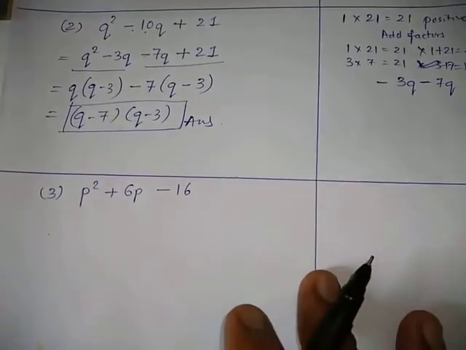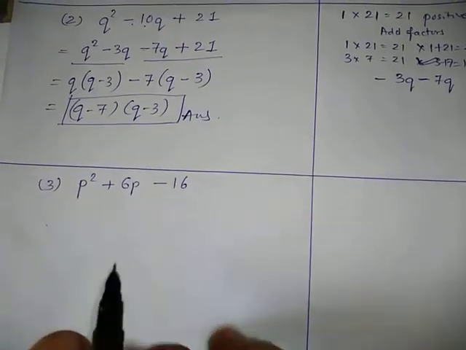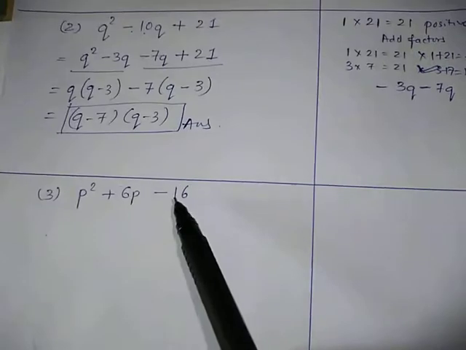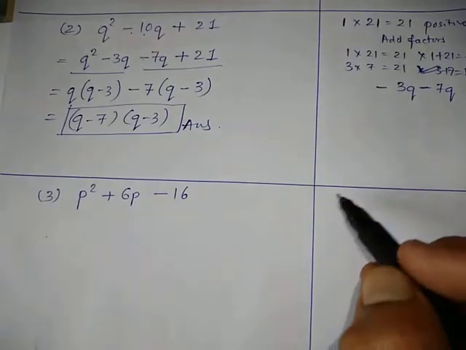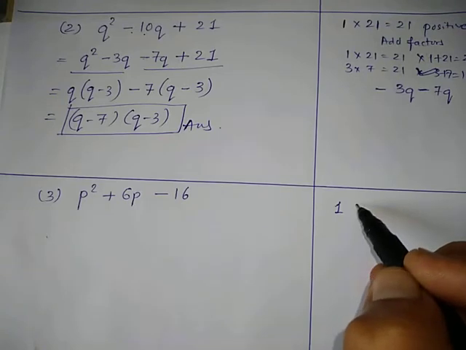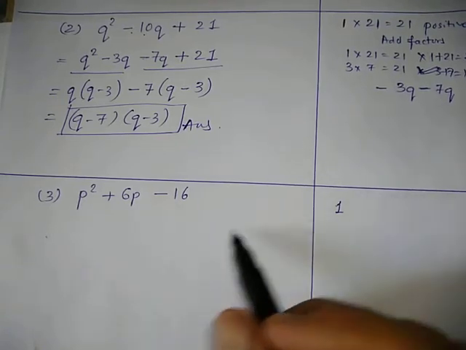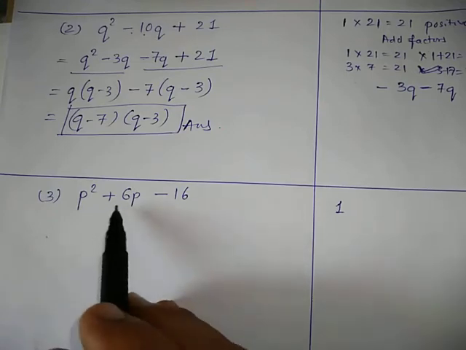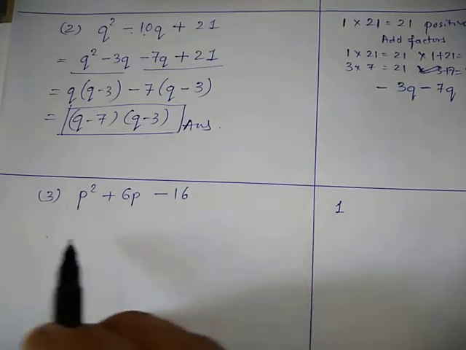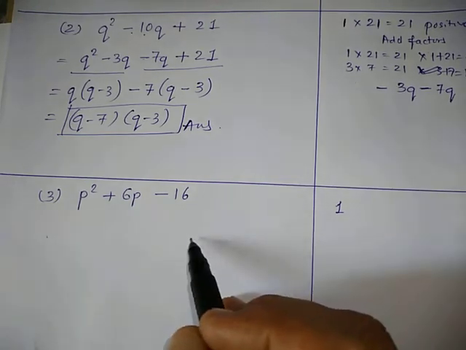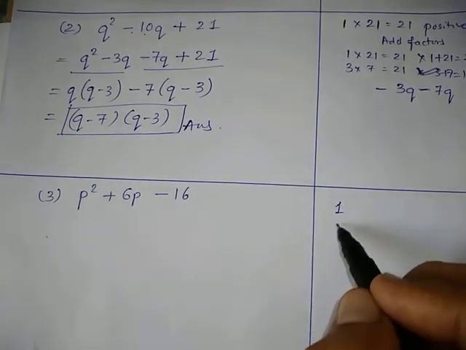Similarly we can go for the third one, but here we find the difference, that the last term is negative, so the product may be negative, with coefficient 1. Let's proceed. Sir, this is also not a perfect square trinomial, how will we know? Let's see. The square root of p² is p, and the square root of 16 is 4. But we also have to check the middle term.